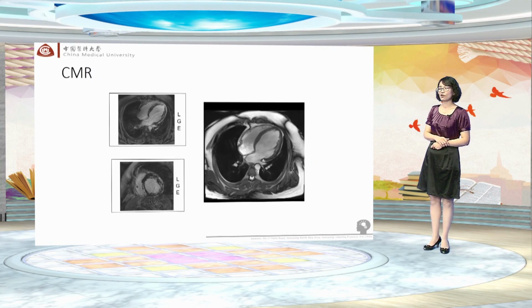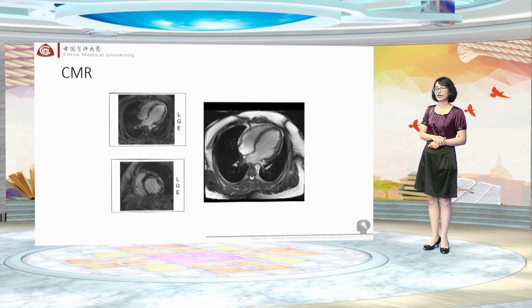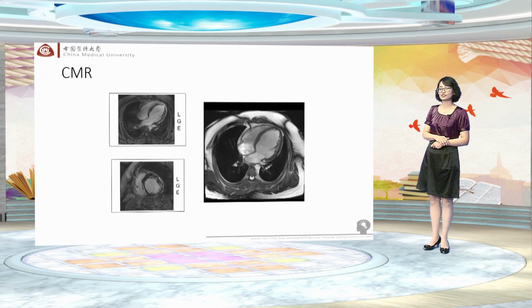This is CMR, which is a good method to detect the myocardium. From this video, we can see the heart is enlarged and with thin wall and globally weak motion. The systolic function is reduced.